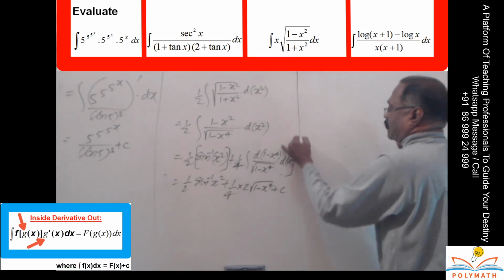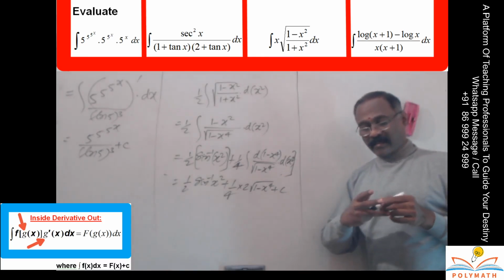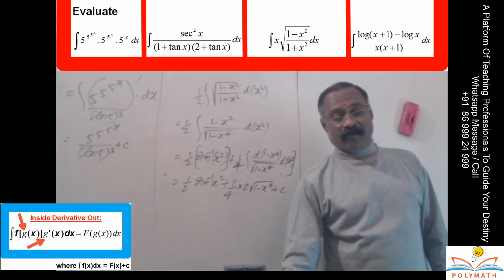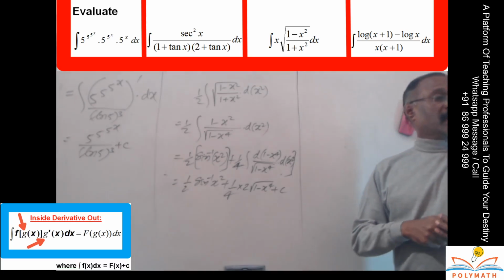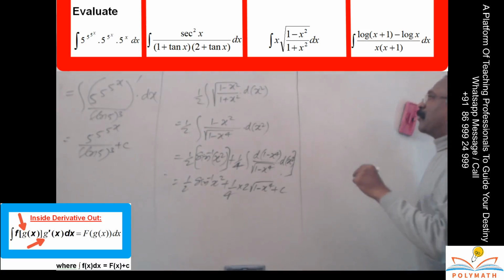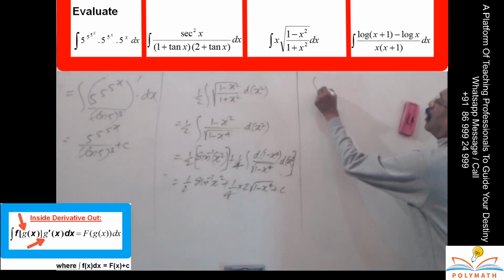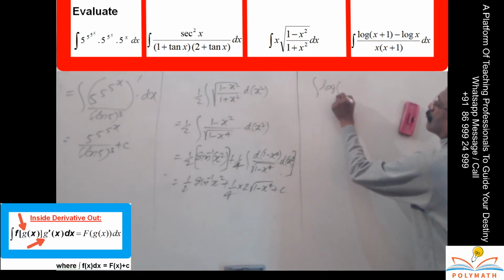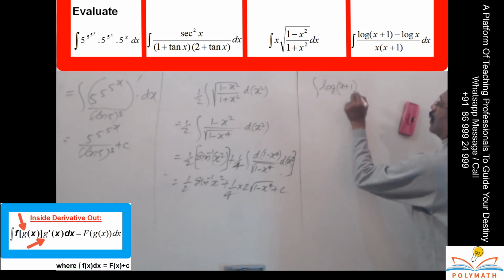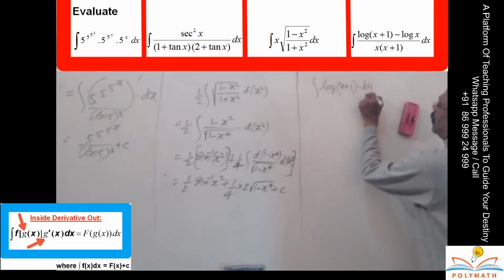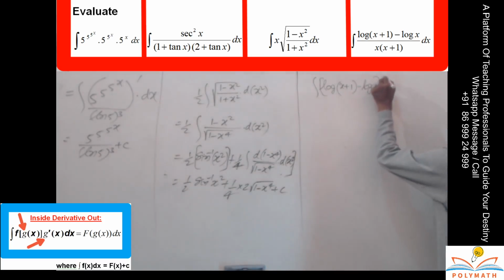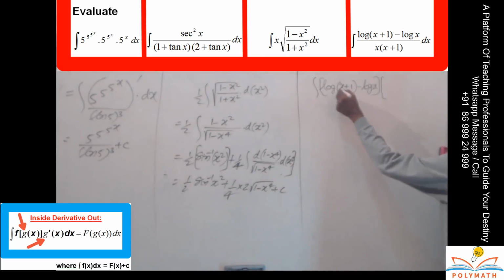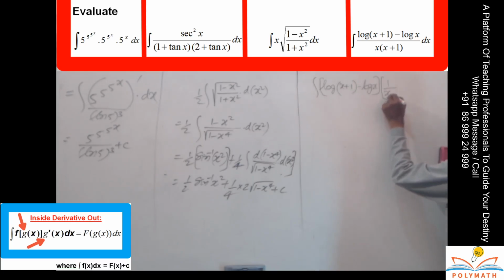The next one is the integral of log of x plus 1 minus log x by x into x plus 1. It is a simple problem. Log of x plus 1 minus log x, into what is the derivative of log of x plus 1? 1 by x plus 1.